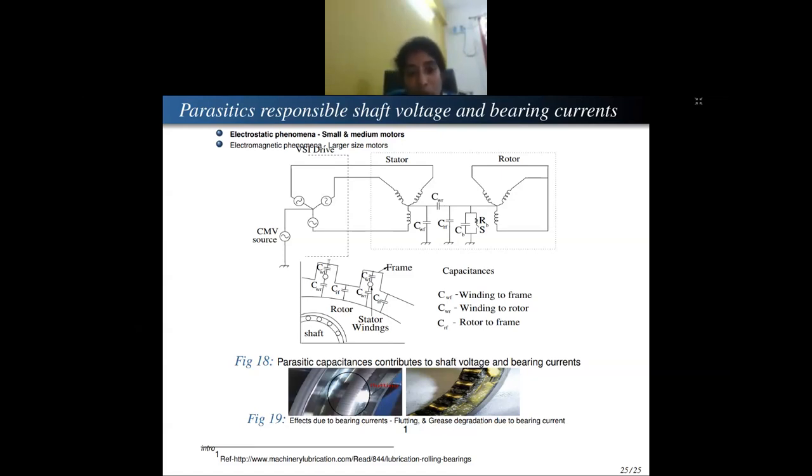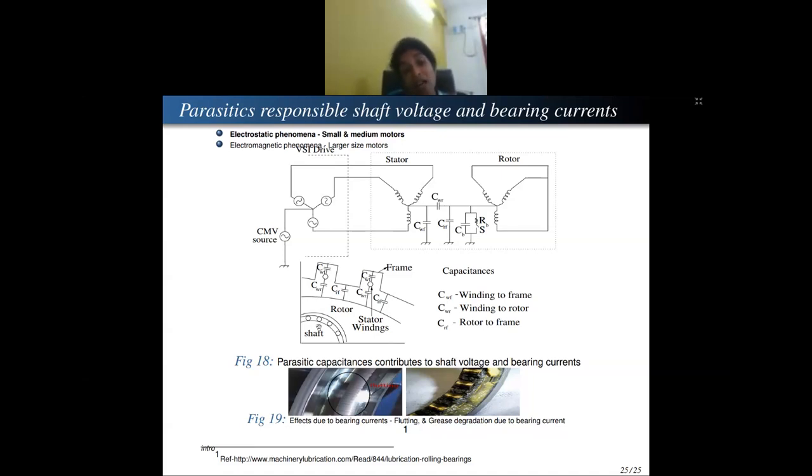From winding to frame, the frame is nothing but your outer cover, there would be capacitances formed, and winding to rotor there will be capacitances formed, and again rotor to frame there will be parasitic capacitance. Automatically it will form. The frame will be at a different potential, winding at a different potential, rotor at a different potential. So these potential differences will activate these capacitances more.